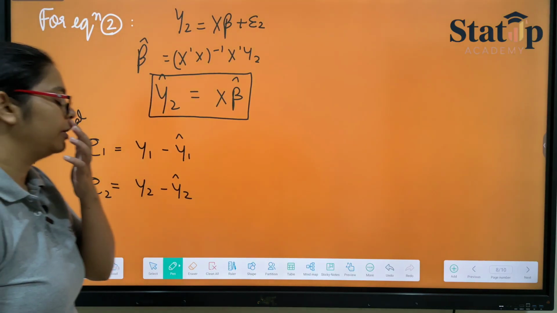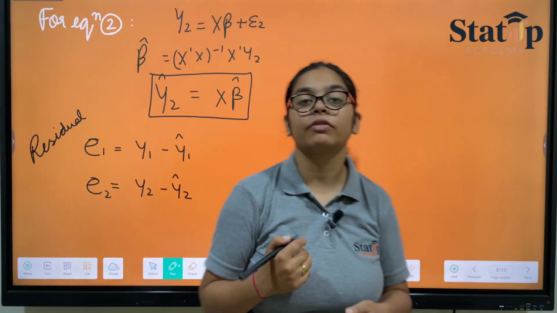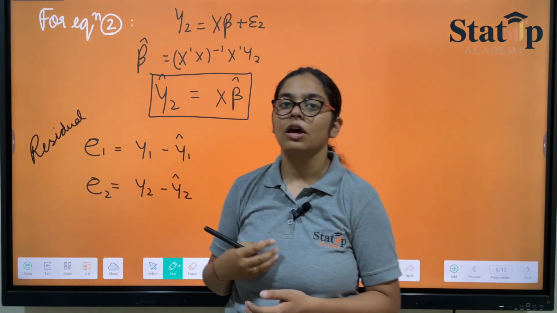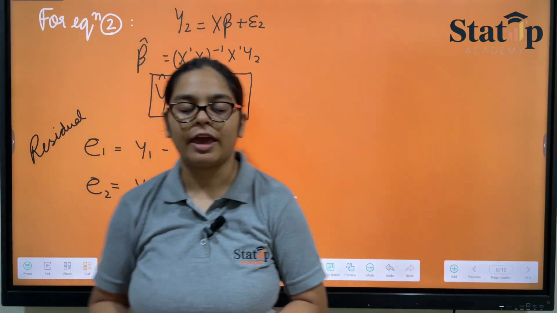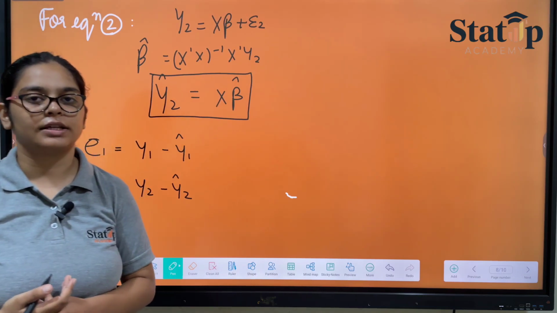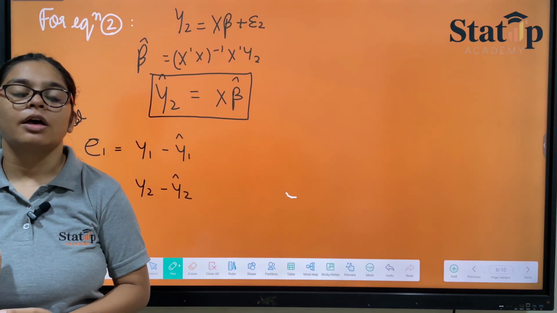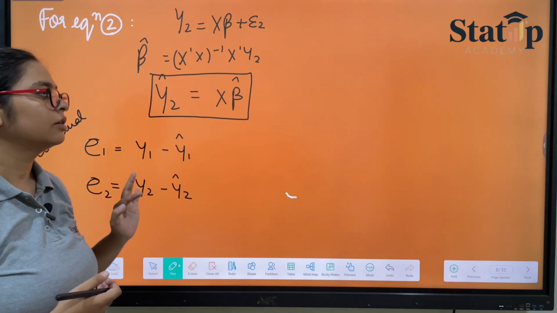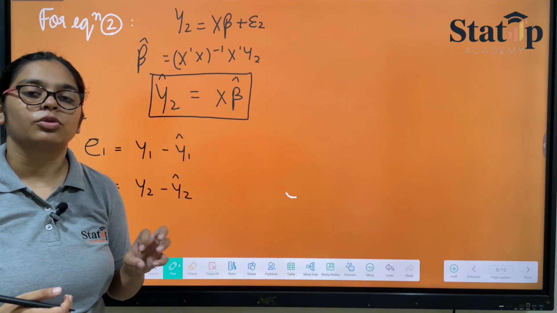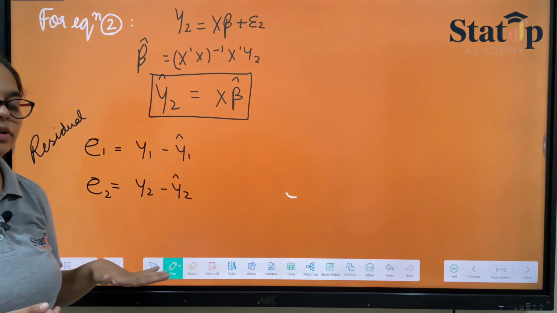These two residuals we will calculate. When do we calculate residuals? When we have to check the heteroscedasticity of any model. Now if these two models are heteroscedastic, then only we will move forward to stage 3. Otherwise our 2SLS method ends here.